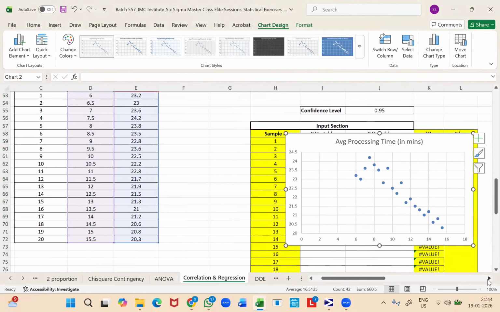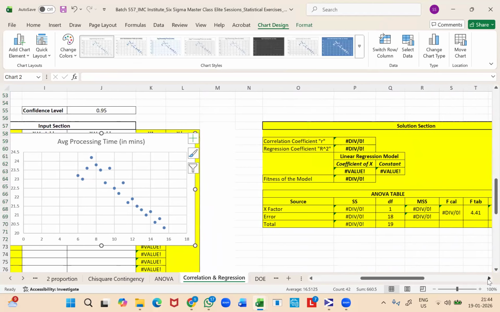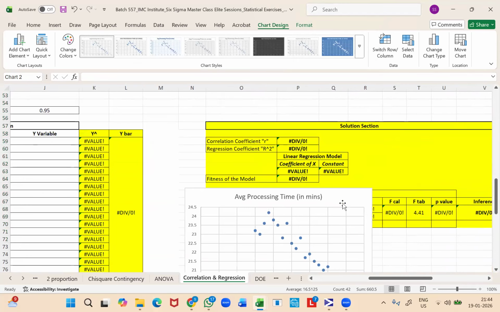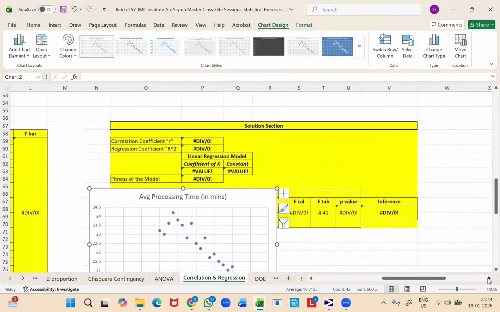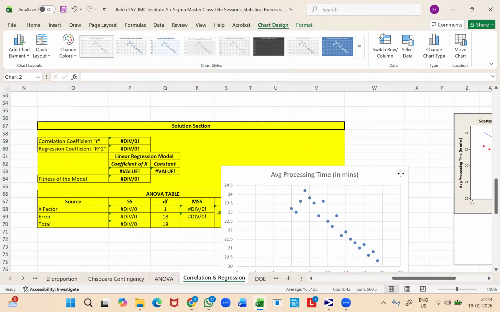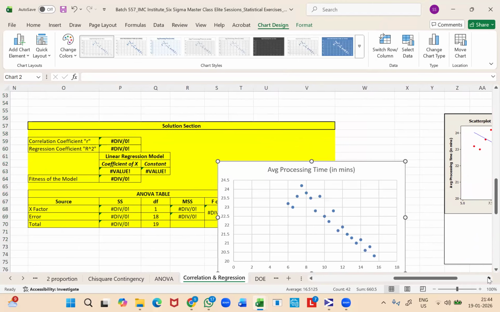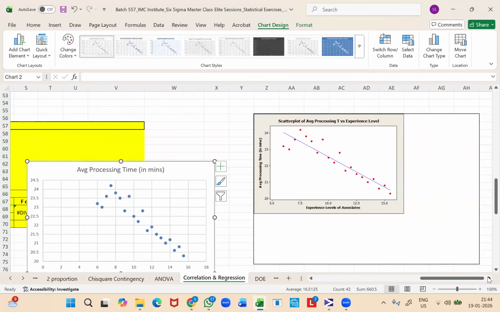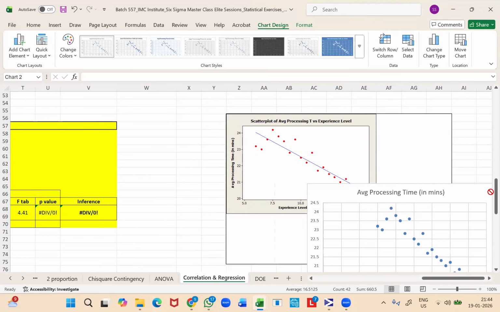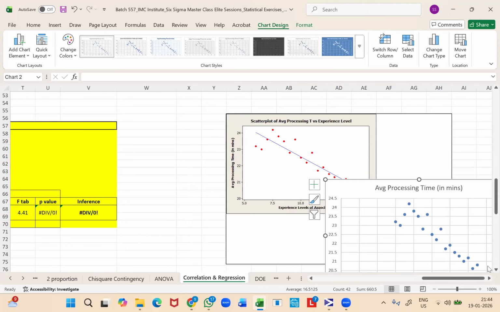So as I told you, the Minitab output will be much better than the Excel output. But then when we construct all these graphs using Excel, we will at least have some kind of information, right, which we can derive by looking at this graph.